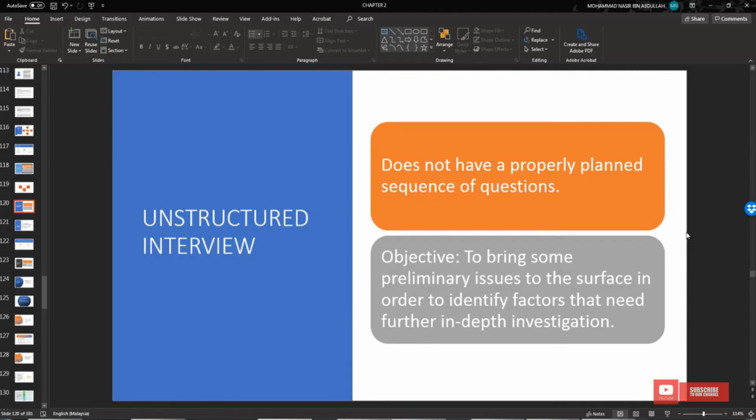It means that you are doing exploratory research, so you don't have much information on the particular problem. So you do an unstructured interview to bring preliminary issues to the surface and identify factors that need further investigation.